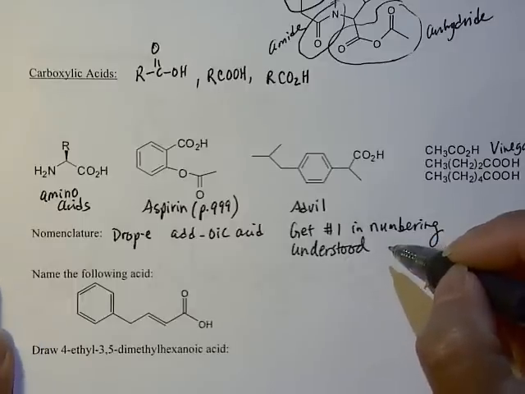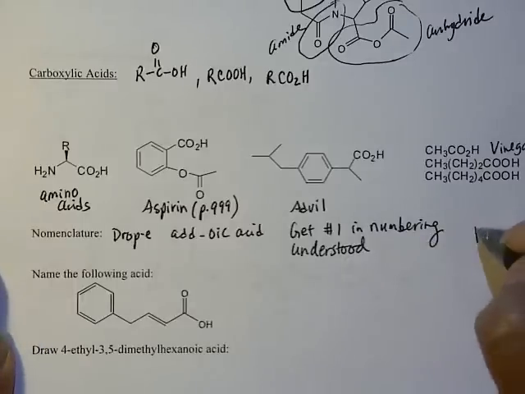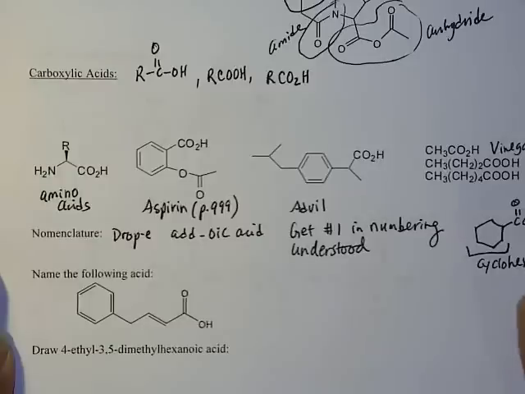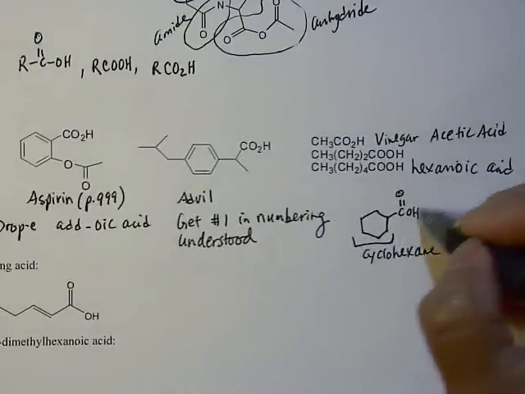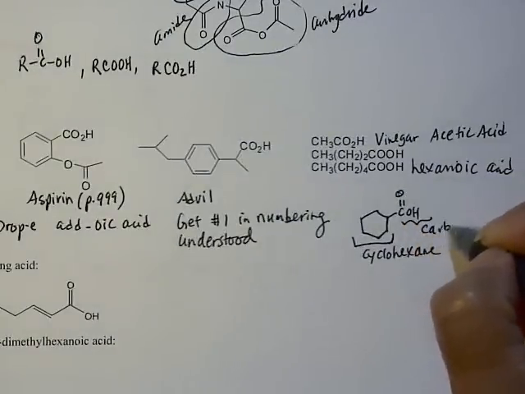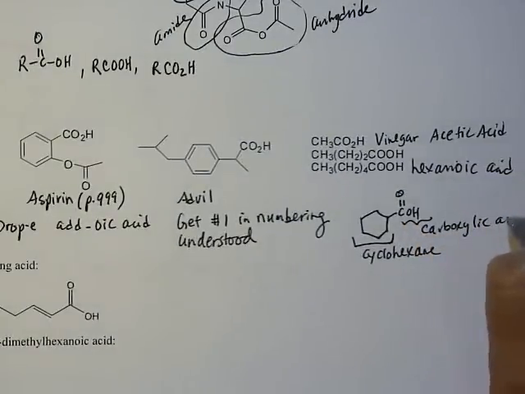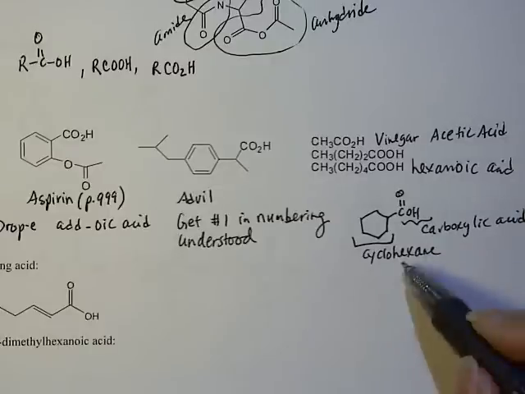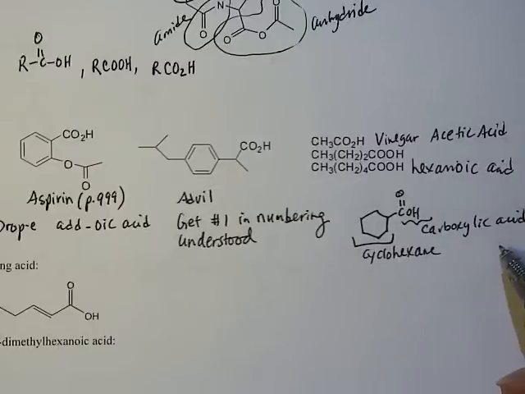If you have a carboxylic acid outside of a ring, then you name the ring first, which is cyclohexane, and then you name the carboxylic acid. So this name will be cyclohexane carboxylic acid.